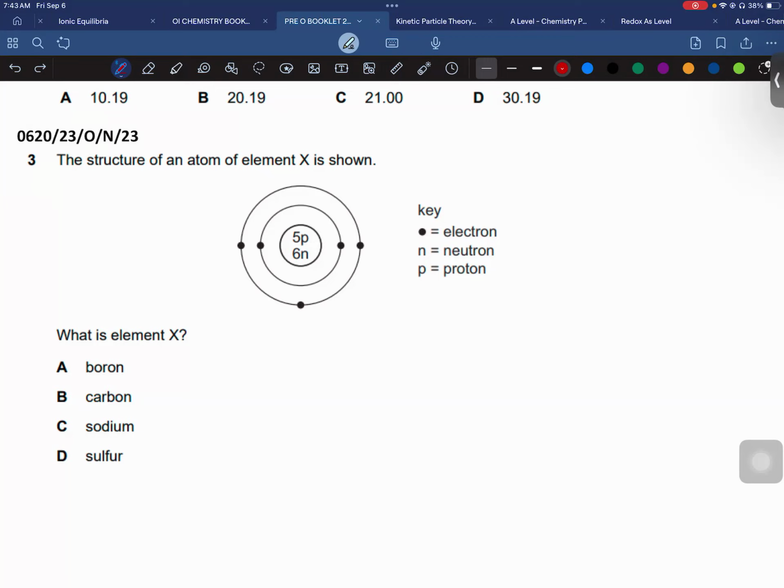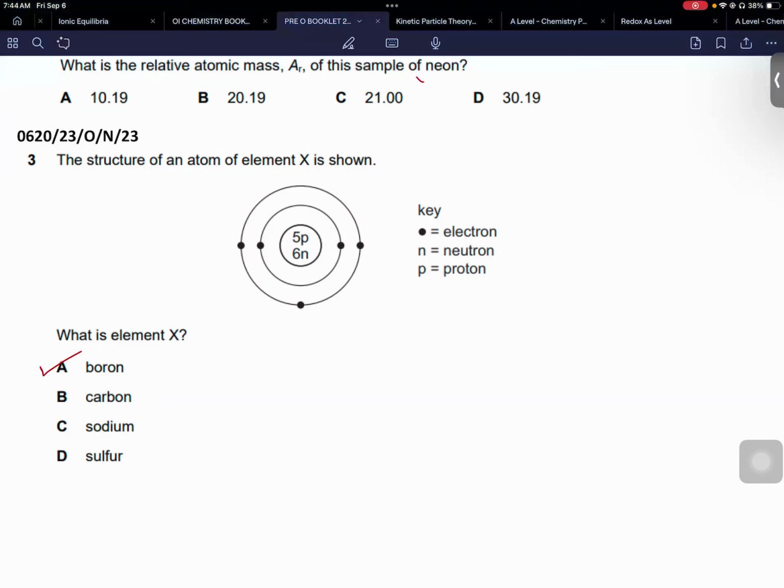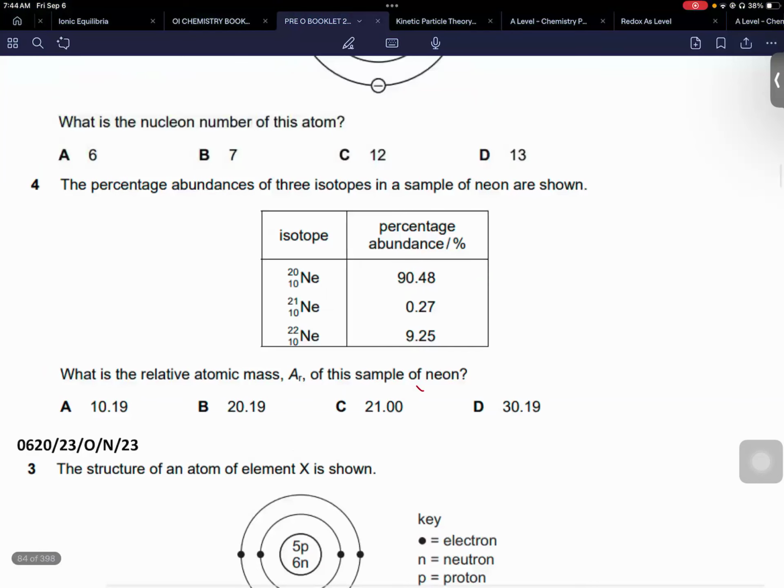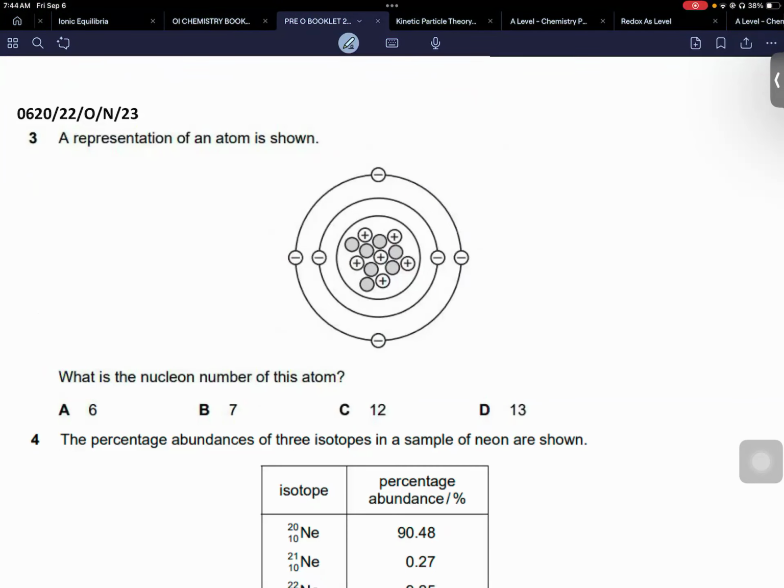The proton number is the identification number of an element. It has 5 protons, so we have to look at the periodic table and see which element has 5 protons. Okay, this is boron. Exactly. Good. This is correct.